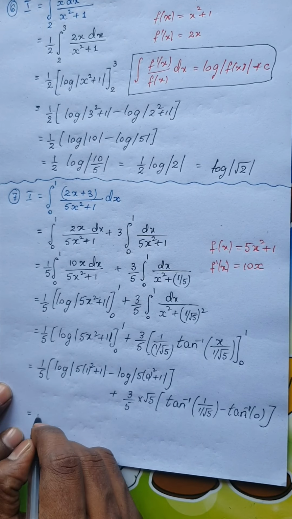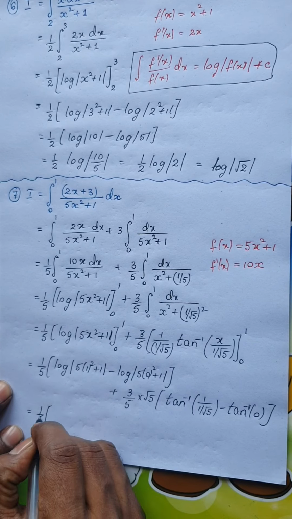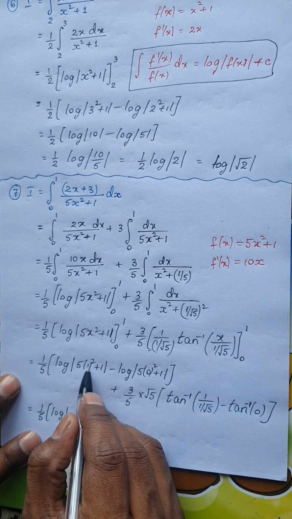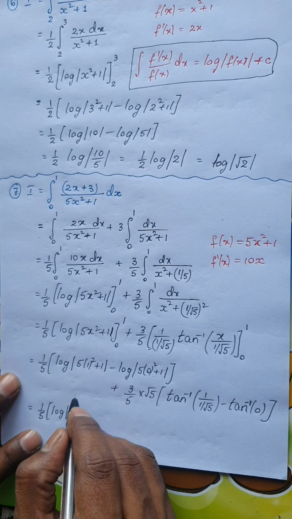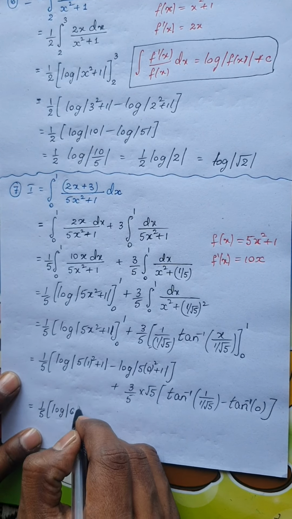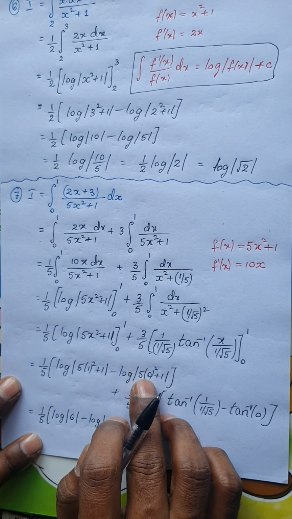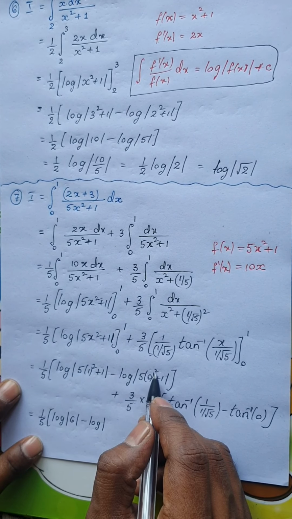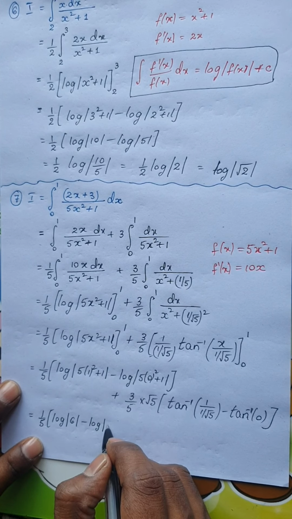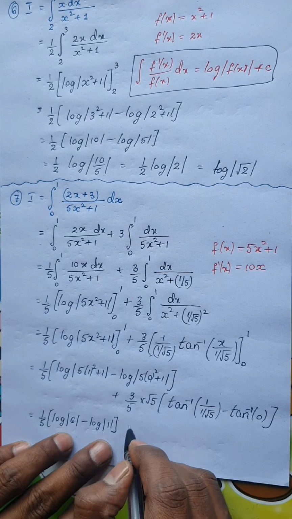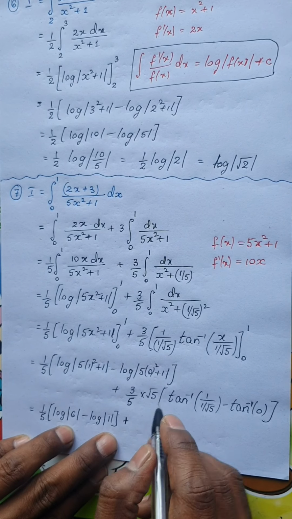So this is nothing but 1 by 5, a constant, times log of mod, 1 squared is 1, 5 times 1 is 5, 5 plus 1 is nothing but 6, minus log of mod, 0 squared is 0, 5 into 0 is 0, so we get log 1. Plus, now remember, in the denominator we have 5 but in the numerator we have root 5.